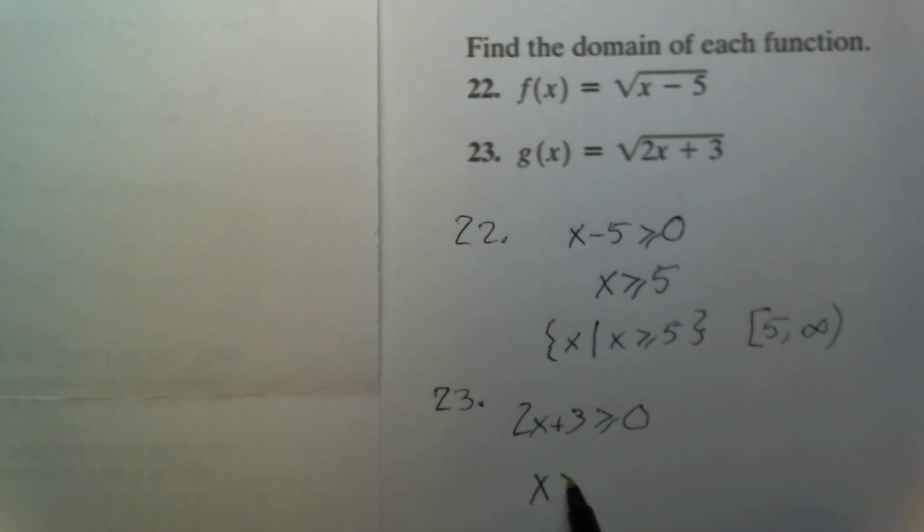So x is greater than or equal to minus 3/2. The domain in set notation is the set of all x such that x is greater than or equal to minus 3/2, and in interval notation, the interval from minus 3/2 to positive infinity.